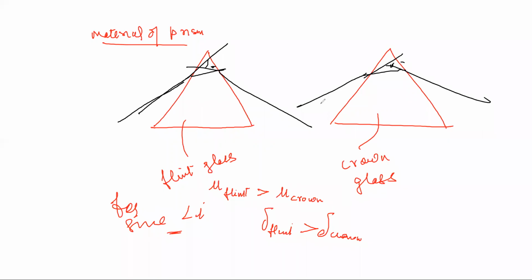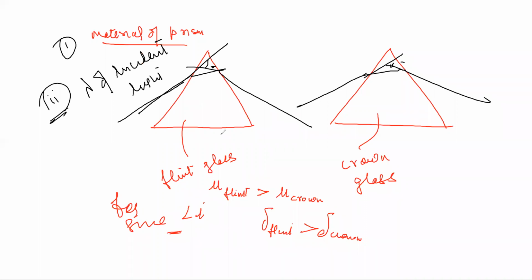So what happens is that, suppose I take light of, say, red color. The first point was the material of the prism. The second point, and the more important one, is the wavelength, lambda, or frequency of the incident light. I'm making a next diagram for you.